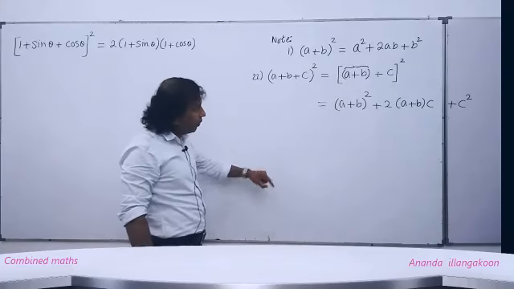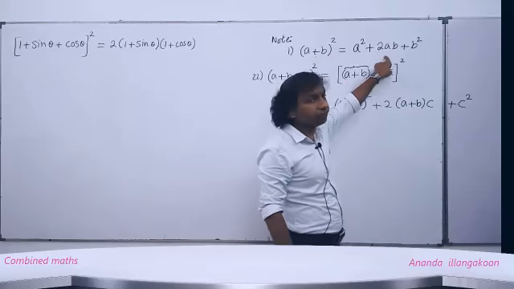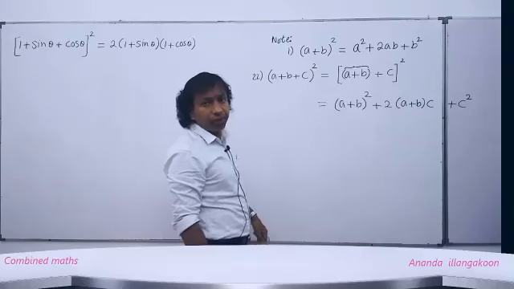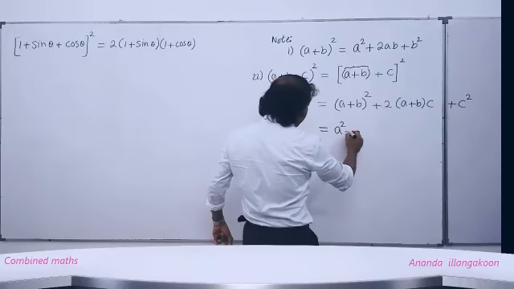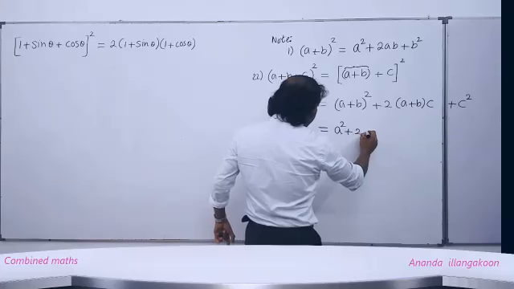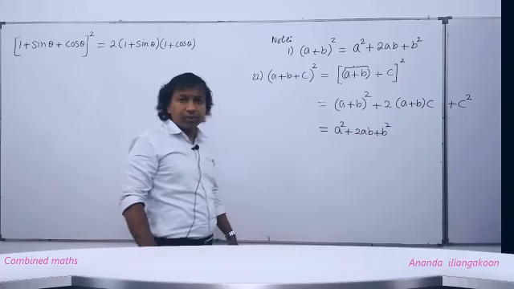Now when you come to here, people, (a plus b) squared means again this. Then for this (a plus b) squared, you can write what? A squared plus 2ab plus b squared, no? Right.